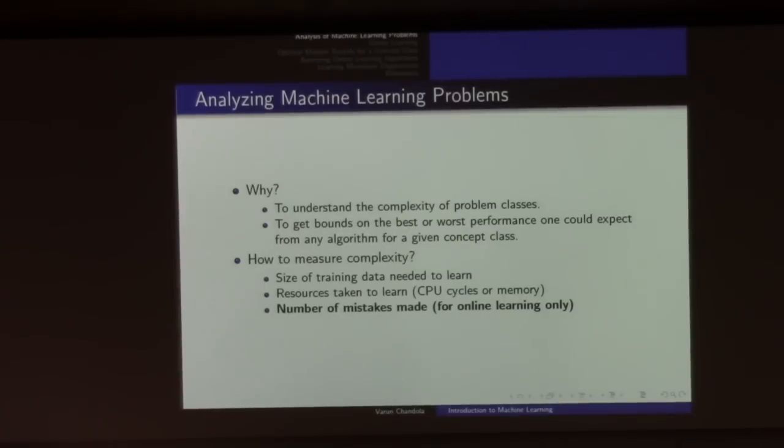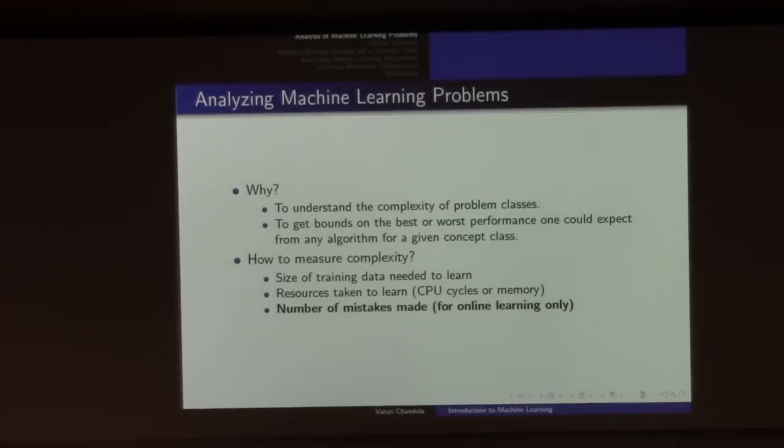So conjunctive space was 3 power d plus 1. That was the number of concepts you can have in that, and the total class was 2 power d, right? So that's one very simple analysis that we have already done, but now we are going to do it a little more mathematically, okay? So the idea is we want to get some bounds on what would be the worst case or best case performance on that problem.